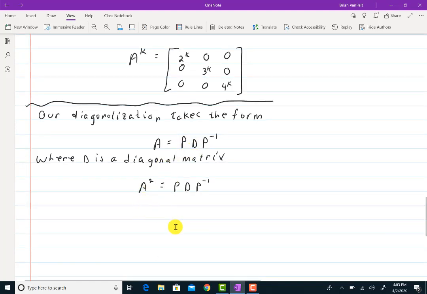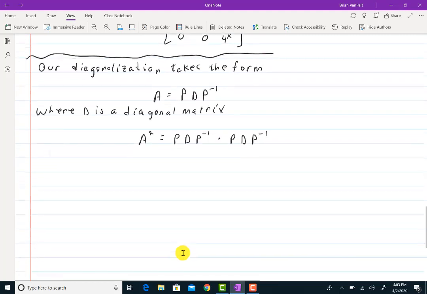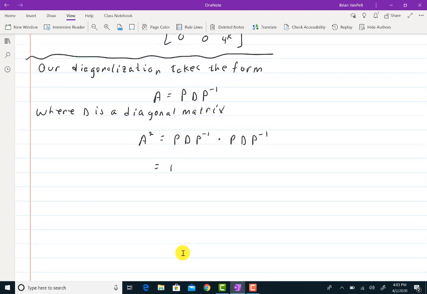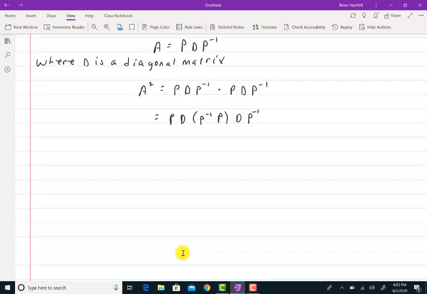But when I take A squared, I'm going to get this times itself. Well, the associativity rules will allow me to rewrite it this way: P D, and I'll put my P inverse P in parentheses, D P inverse. Notice what happens to the P inverse P. P inverse P is equal to the identity matrix.